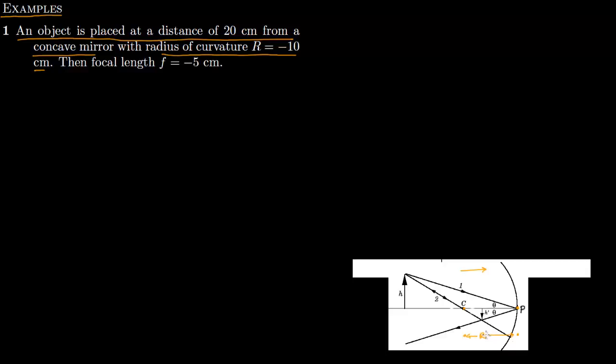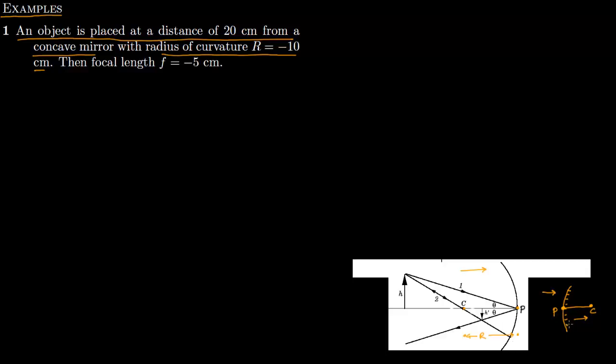Similarly, a convex mirror is like this. This is how the light will fall on it, and therefore for a convex mirror the radius of curvature is positive. If this is the center and this is the pole, then this distance is positive because we go from P to C, which is in the direction of the incident light.